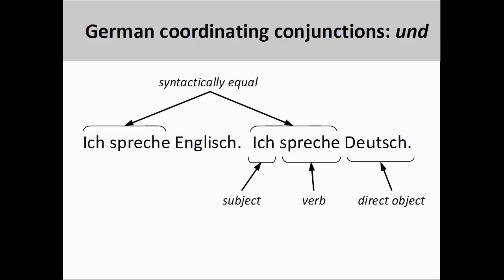As in English, the coordinating conjunction und, and, can be used to simplify sentences where there is syntactic equality. The two sentences you see on the screen, a translation of the sentences from the beginning of the presentation, share the same first-person singular personal pronoun in the nominative case, ich, and the first-person singular present tense verb, spreche.